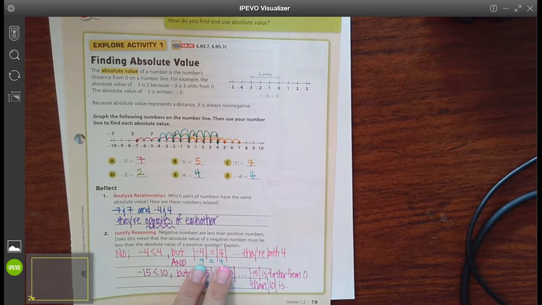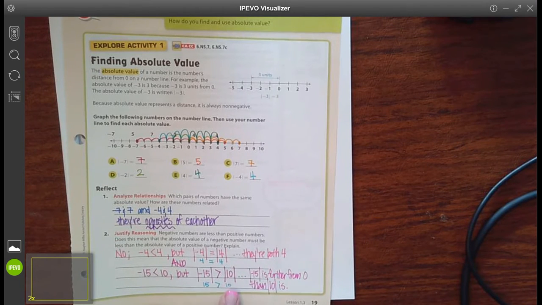They're both equal to 4, right? And yes, -15 is less than +10, but when you take the absolute value of -15, that's +15, and the absolute value of 10 is just 10, and 15 is actually greater than 10. So is that true?